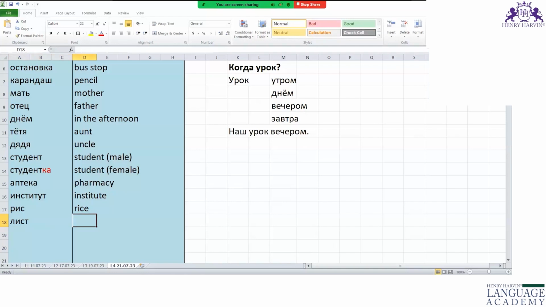List is a page or leaf. A page of paper, for example, when I want to print something, I need to put a list in the printer, okay? A page or a tree leaf. So leaf, page or leaf, two meanings, list.